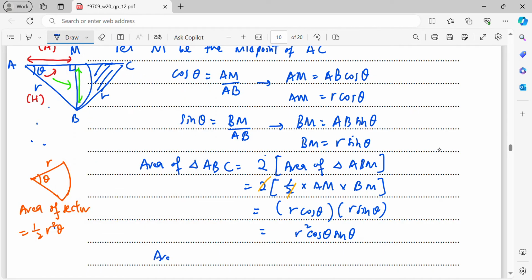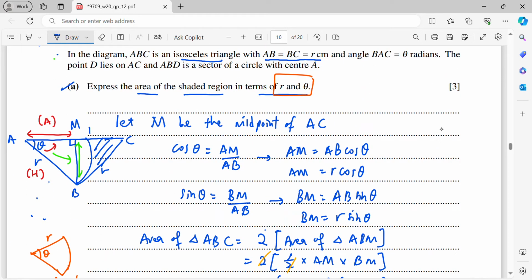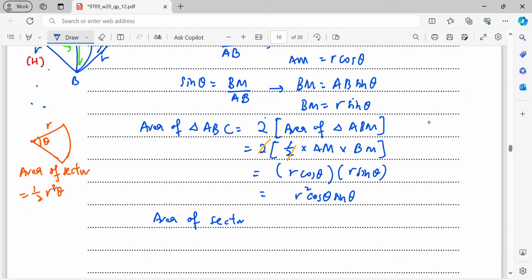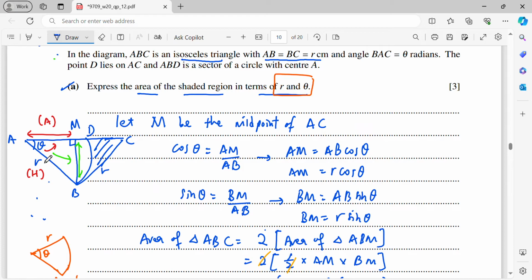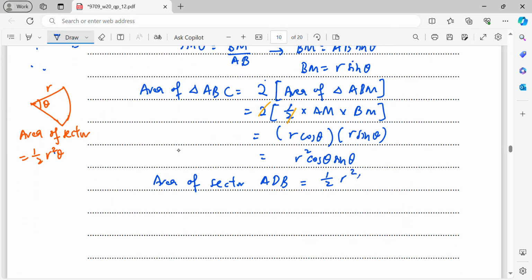So area of sector, and our sector is ADB. This is D. ADB, that is half, same formula because you are given theta and R. So half R squared theta.